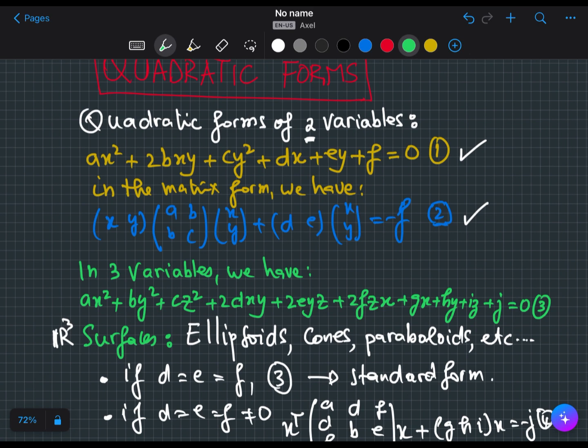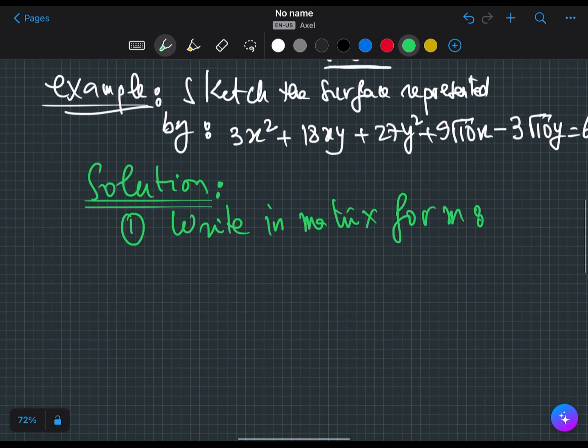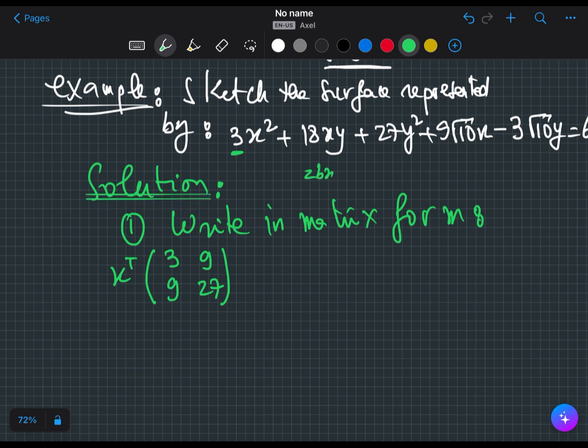So using formula 2 to write the matrix form, I'll have x transpose times the matrix 3, 9, 9, 27. Because I have 3x squared here, I have 3 here, and you have 18, which is 2bxy in the formula, so I'll divide 18 by 2 to have 9 and 9, because the matrix is symmetric, so it's b here, if you can remember. And then I will have this times x plus the vector 9 square root 10, minus 3 square root 10, times x, equals 60. I'll call this equation A.